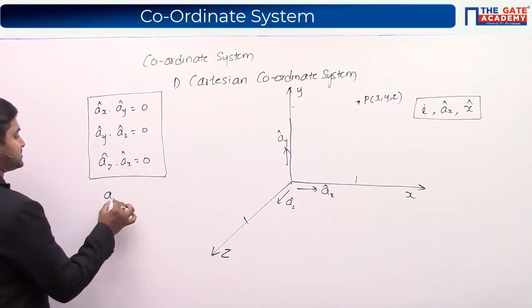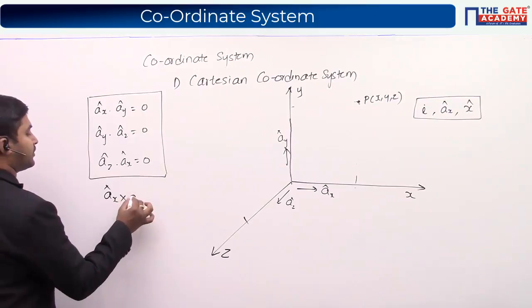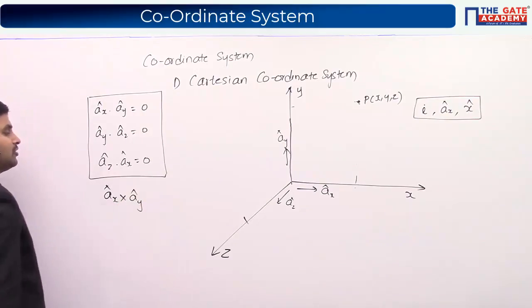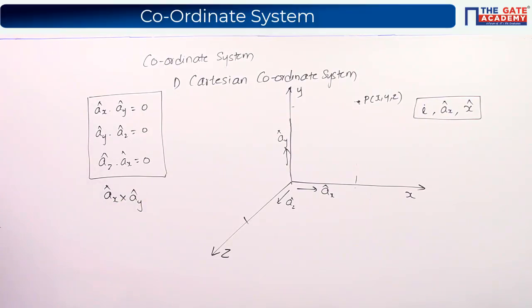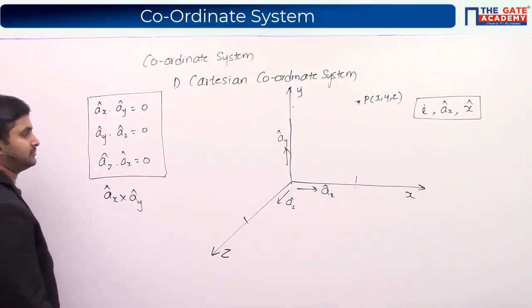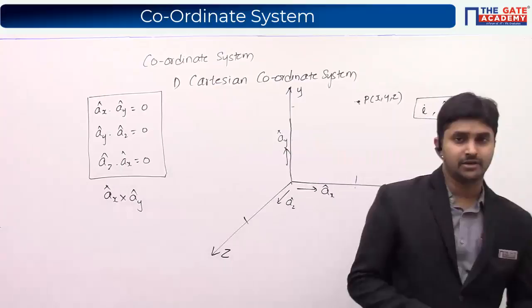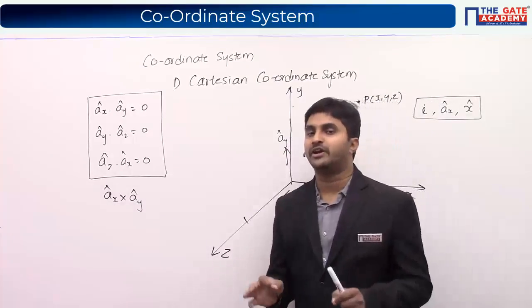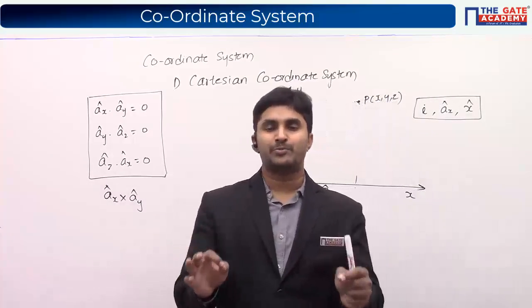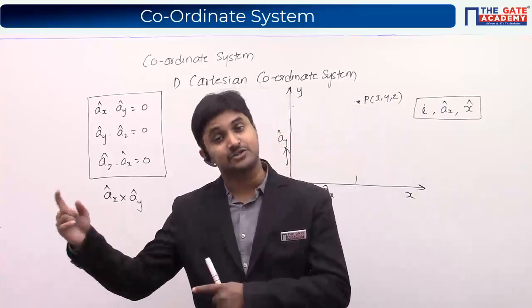Now what happens to the orthogonality in the case of the cross product? We have learned that if you are doing the cross product between two perpendicular vectors, then the result is going to be maximum.